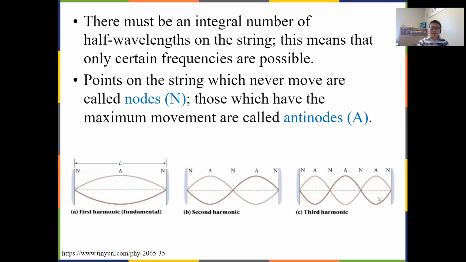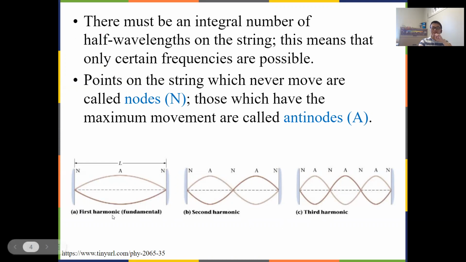Basically, you can create different numbers of loops in the string, and that corresponds to the different number of harmonics. For one loop, it's called the first harmonic, two loops, second harmonic, three loops, third harmonic. And this is also related to the frequency.